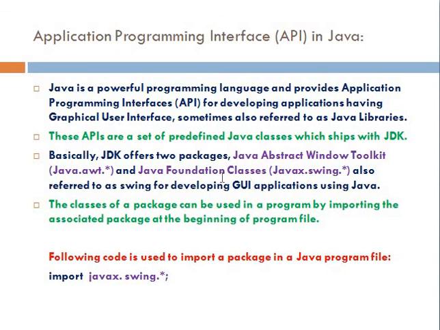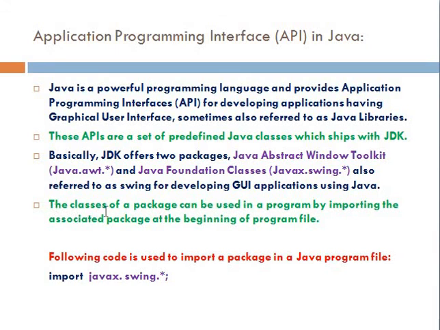Now the classes under this package, which is javax.swing, are known as the Java Foundation classes, and these Java Foundation classes are also referred to as swing, and they are used for developing graphical user interface applications in Java.